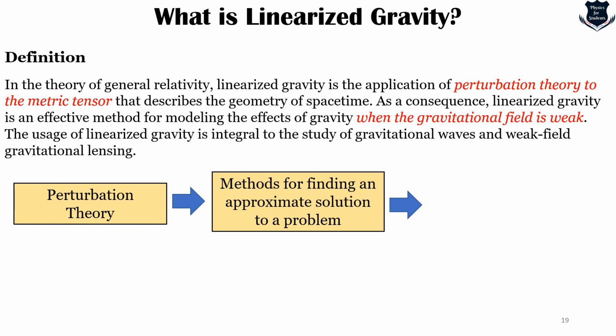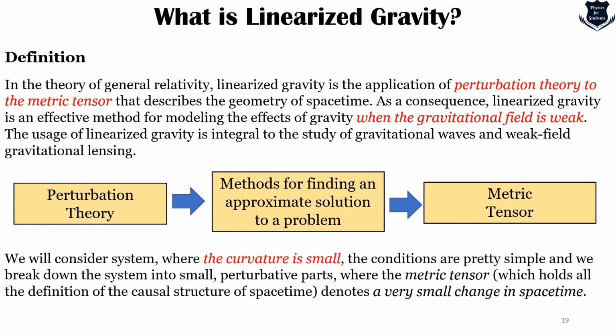So what we are doing here is using perturbation theory, which is finding an approximation, and we are applying it to the metric tensor. Now why are we applying it to the metric tensor? Because the metric tensor actually measures the causal structure of space-time. So once we apply that, things will become easier. So here you see, we will consider a system where curvature is very, very, very small, and the conditions are pretty simple.